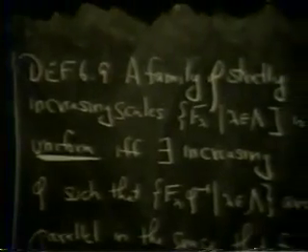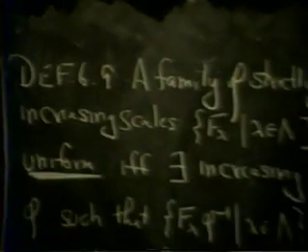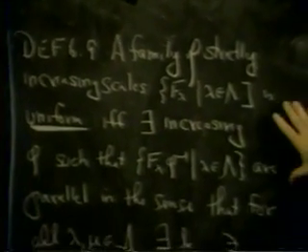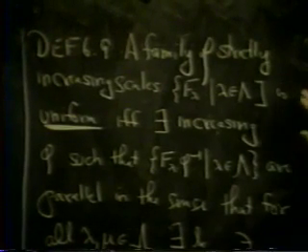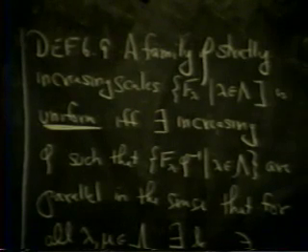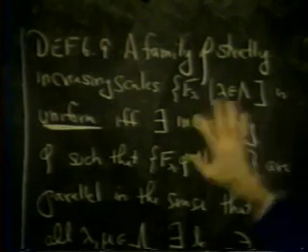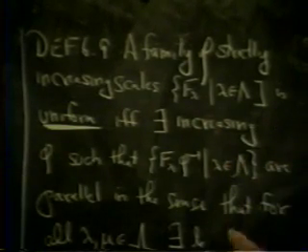The general statement of what's involved for this to be done is caught in the following definition. We'll say that a family of strictly increasing scales, there's a convention matter here whether we're dealing with decreasing or increasing functions.